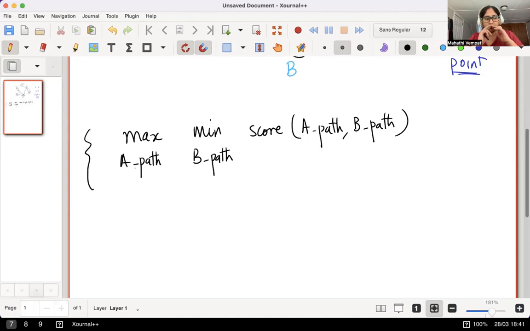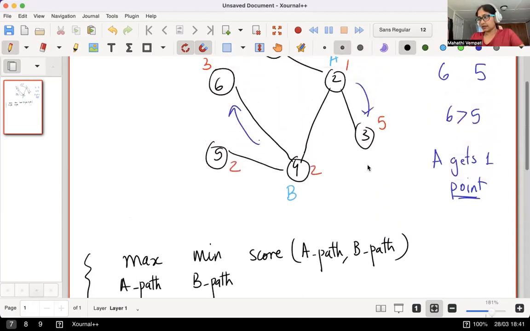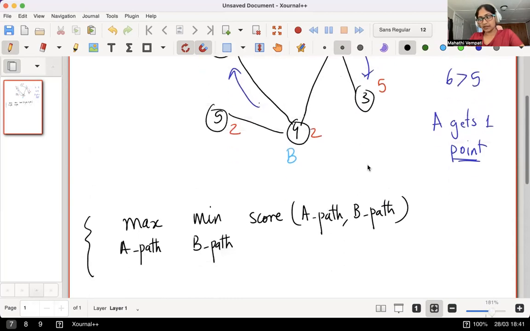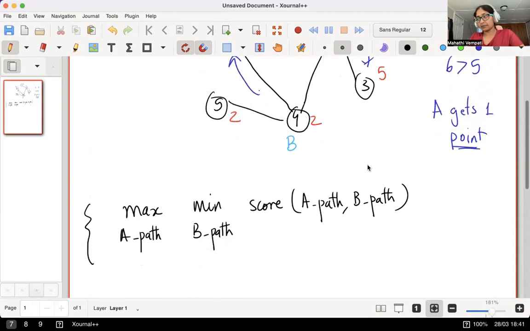This might have worked if it was a one-step thing. Okay, how do I explain this? If for every path A could take, B was able to do the minimum, then this might have worked. But over here, it might turn out that for a certain path A takes, B might not know beforehand which path A takes, and might make some choices such that B is unable to do the minimum.